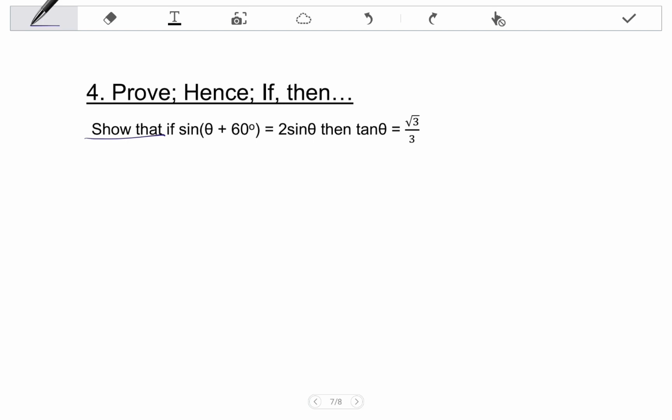Okay, so this is not a prove or show that type question where you split up the left-hand side and the right-hand side. In this case, you take the if part, and you have to simplify it to show that it equals the then part.